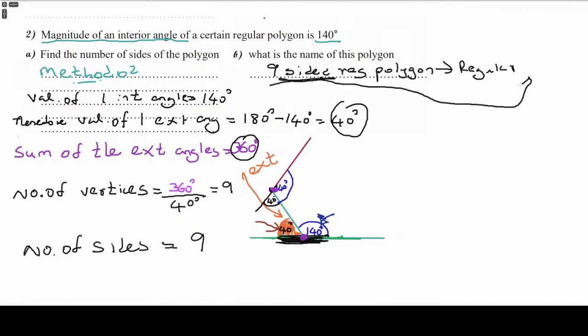We call it a nonagon. So the special name we can give to this polygon is a regular nonagon. Nonagon is the fancy name we give to a 9-sided polygon. Alright.